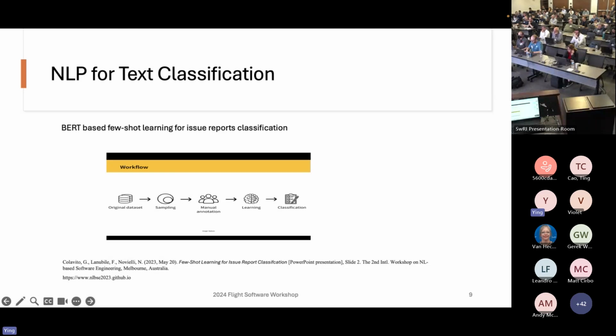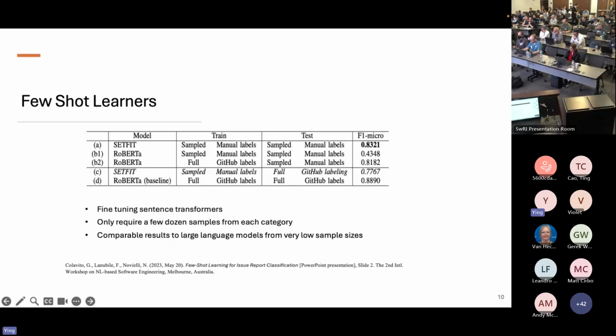We reached out to, and are currently collaborating with, Dr. Filippo from the University of Bari, who was also a visiting scholar at the University of Maryland years ago. They have done a preliminary study comparing different BERT variants and trying different sampling approaches, and recommended that we use the SetFit model, which gives the highest F1 scores.